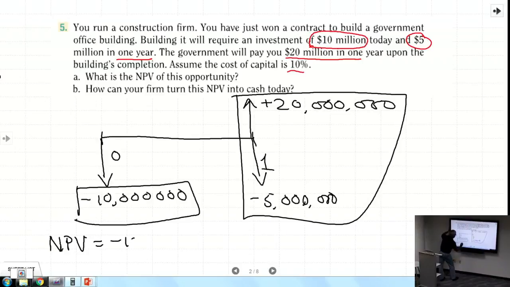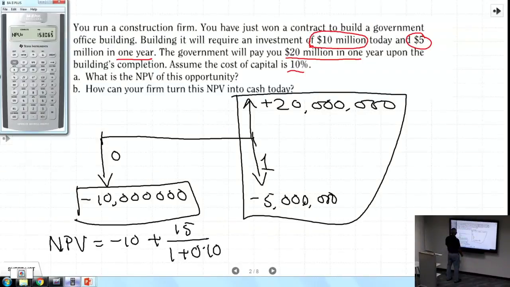So net present value would be minus 10 in millions. I'm going to not put the 0, just put 10 as 10 million, plus the present value of 15 with a cost of capital of 10%. The net is 3.63. So we can calculate this over here, clear everything.